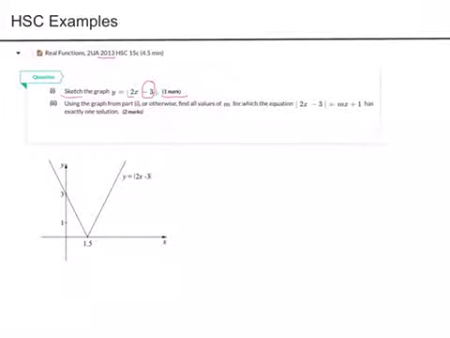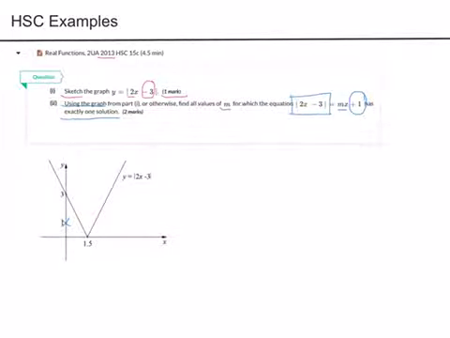They've asked us to use the graph obtained in part 1 and find all the values of m, being the gradient of a linear line crossing with a y-intercept of positive 1, which is marked on our graph, where that line will have exactly one solution when it is solved against the existing absolute value function that we've been asked to graph in part 1.